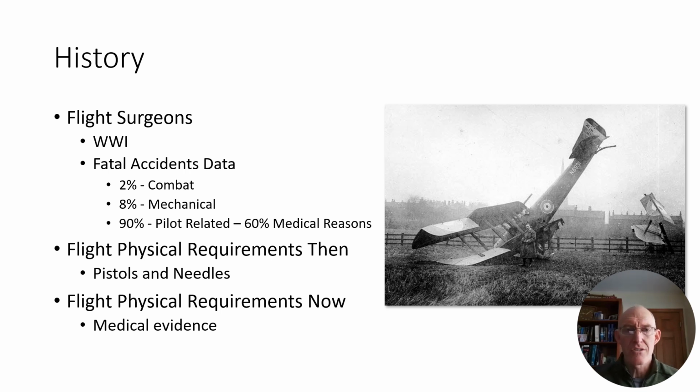A flight surgeon would have a candidate hold the needle between their thumb and forefinger, and somebody would approach them from behind with a pistol and fire it off. If that candidate flinched enough to draw blood, they were considered too nervous to become a pilot. Thankfully, we don't do that today.